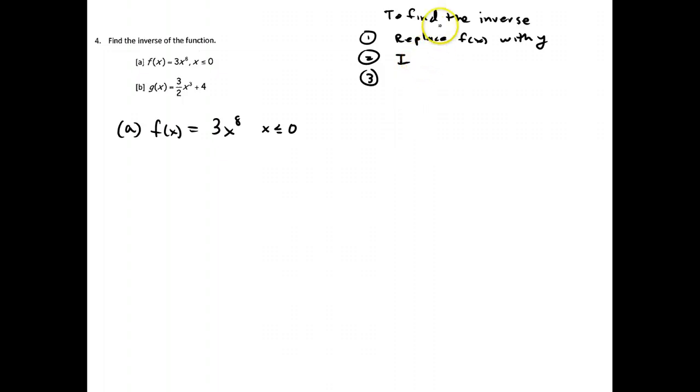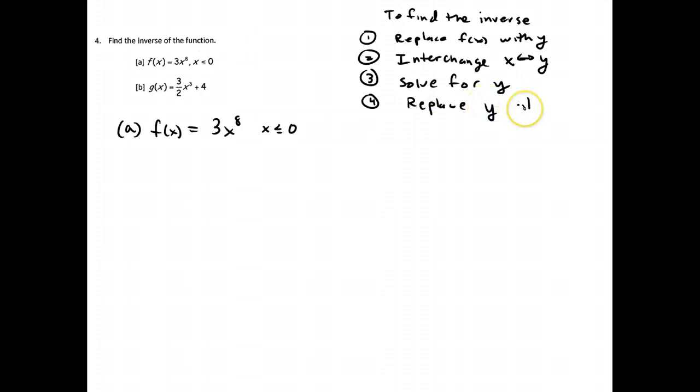So in step 2 we are going to interchange, we're going to switch x and y, and we're going to solve for y. And the last step is to go back to the other notation and replace y, but not with f of x, with the symbol f inverse of x. Okay, those are the steps to find the inverse.